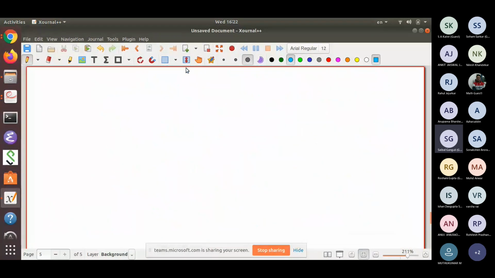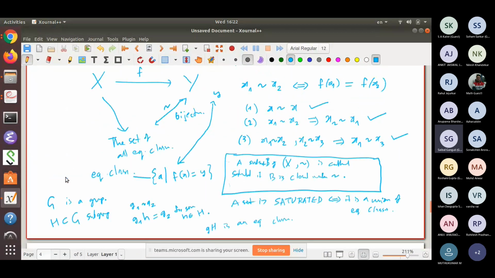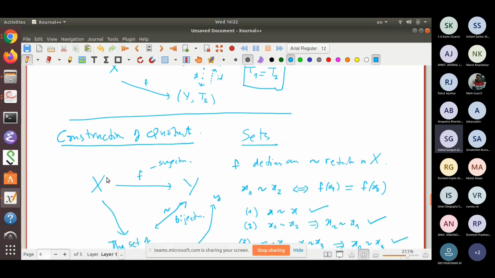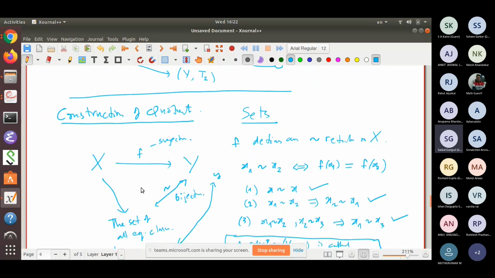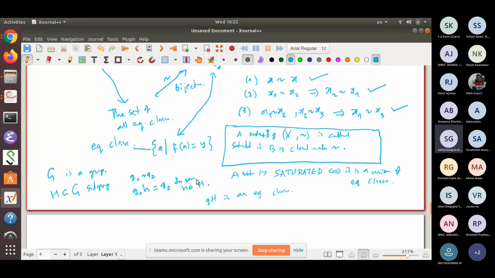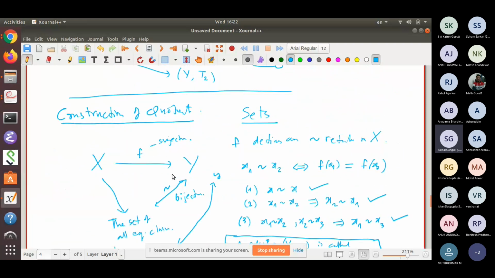All right. So how do you make a quotient? To make a quotient, you put all the equivalence classes into a single point. So you now try to define a group structure on the set of all cosets. Will you succeed? It depends. For that, H has to be a normal subgroup. Otherwise, the quotient construction does not work in groups.